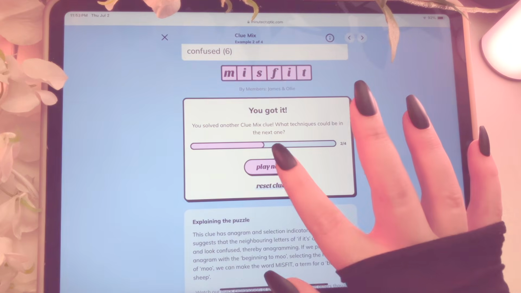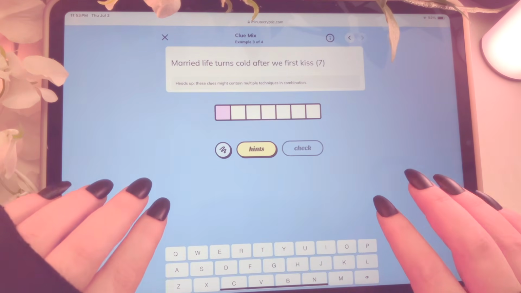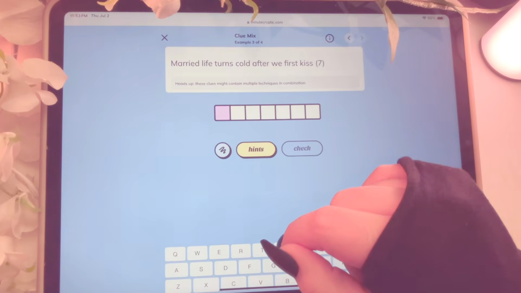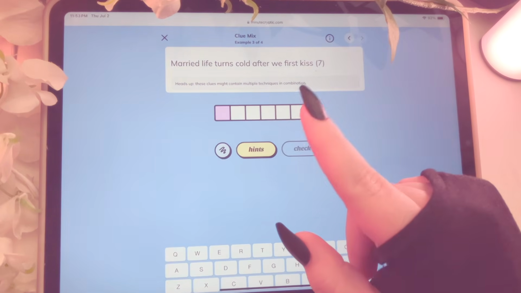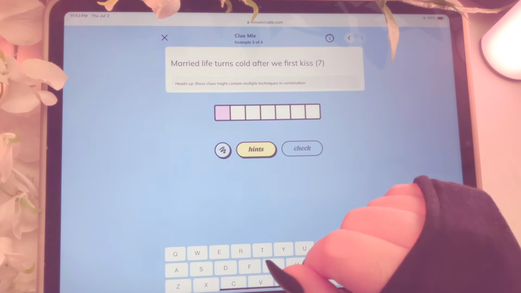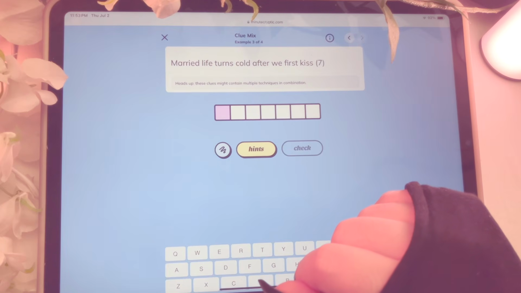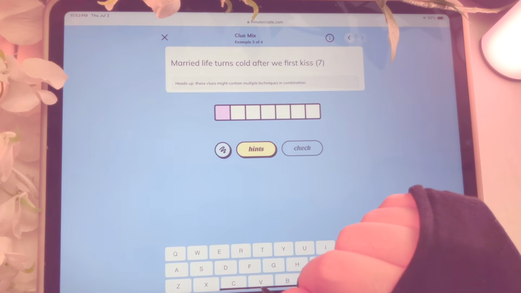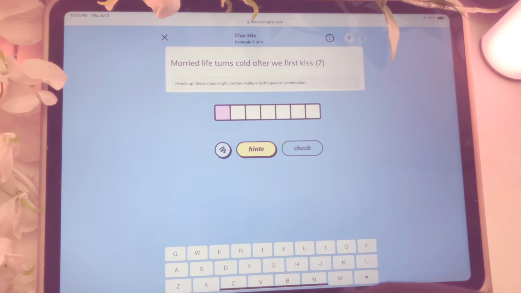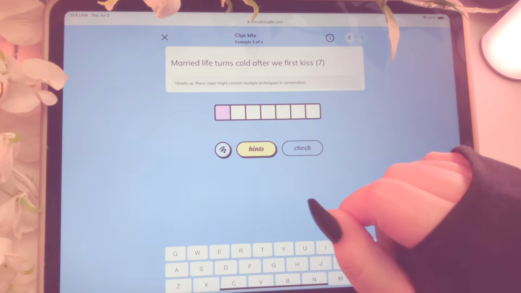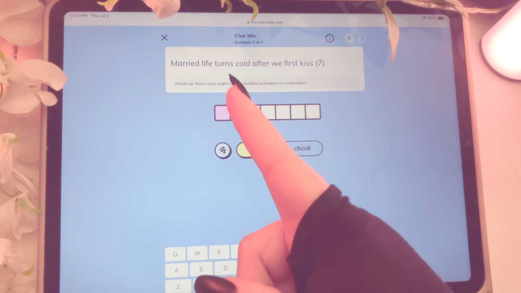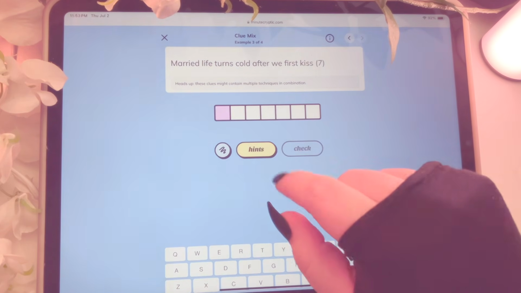We have 2 left. Married life turns cold after we first kiss. Okay. My first thought is turns could be a reversal.